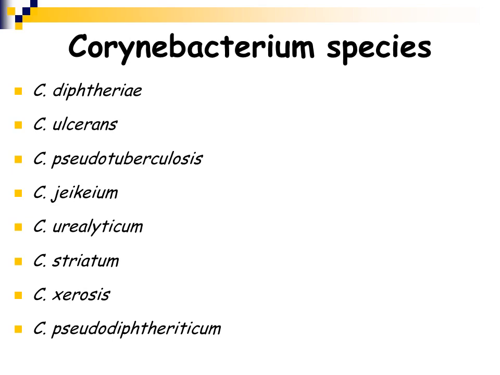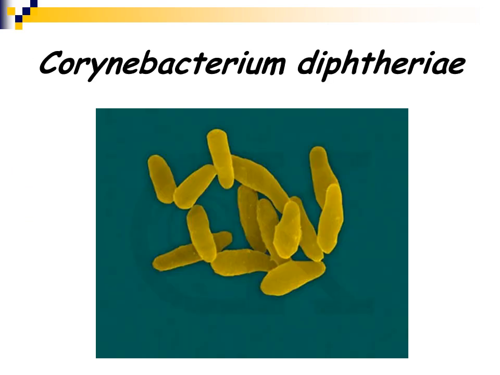The species of Corynebacterium that we are going to mention in this lecture are Corynebacterium diphtheriae, ulcerans, pseudotuberculosis, jeikeium, urealyticum, striatum, xerosis, and pseudodiphtheriticum. We're going to start out with our big boy organism.